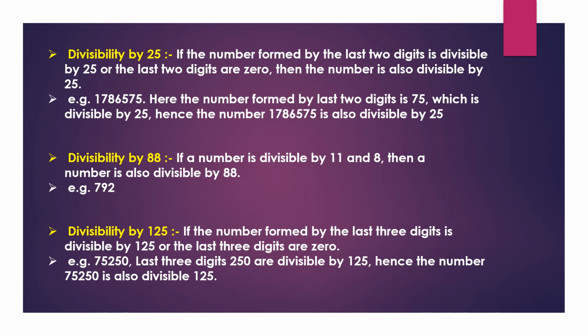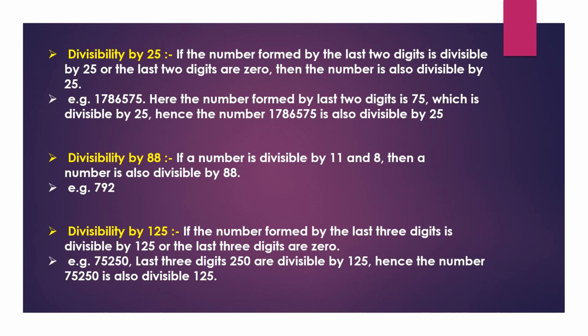Moving forward, let's discuss divisibility by 88. If a number is divisible by 11 and 8, then the given number is also divisible by 88. For example, 792. Now let's discuss divisibility by 125.